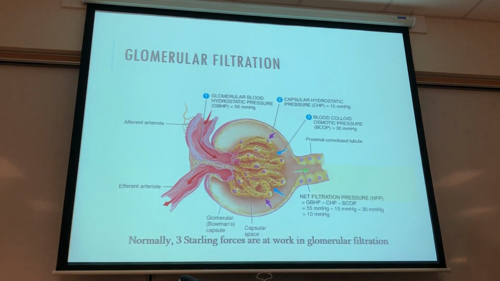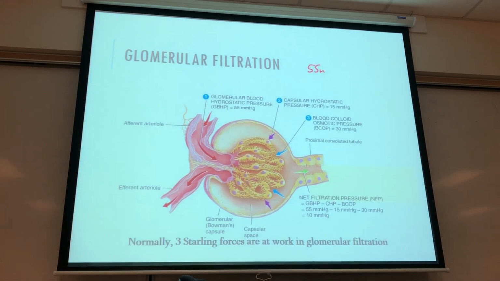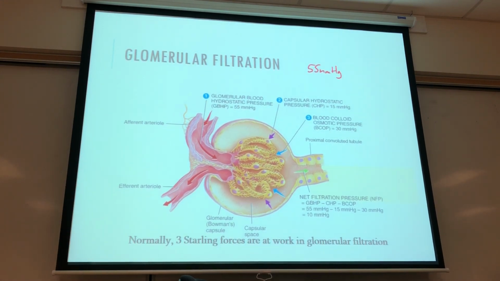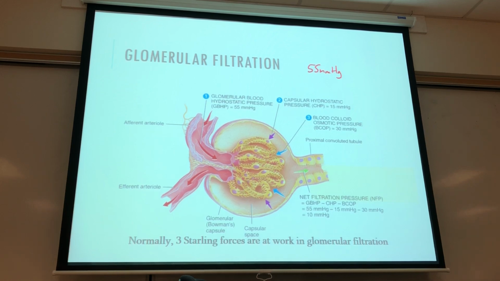So the glomerular blood hydrostatic pressure, which is 55 millimeters of mercury, is going to be opposed by two pressures. Again, number one would be the capsular hydrostatic pressure, which is about 15 millimeters of mercury, minus 30 millimeters of mercury for the blood colloid osmotic pressure.